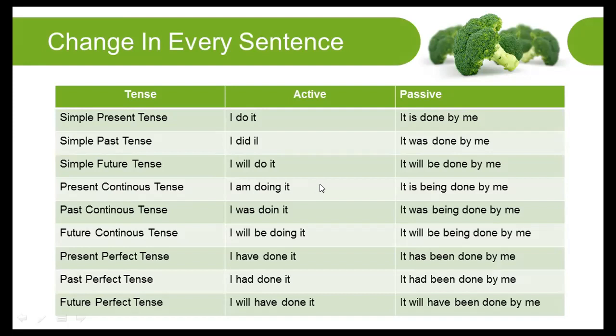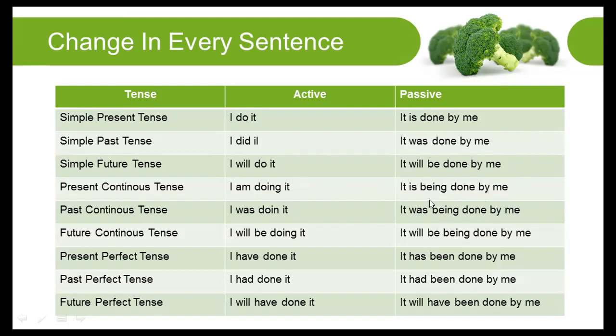Okay, in the present continuous tense, I am doing it. How do we change it to a passive sentence? Look at my table: it is being done by me. Why is being? Because the formula or the pattern is being. Don't ask why, because the formula or the pattern is being.